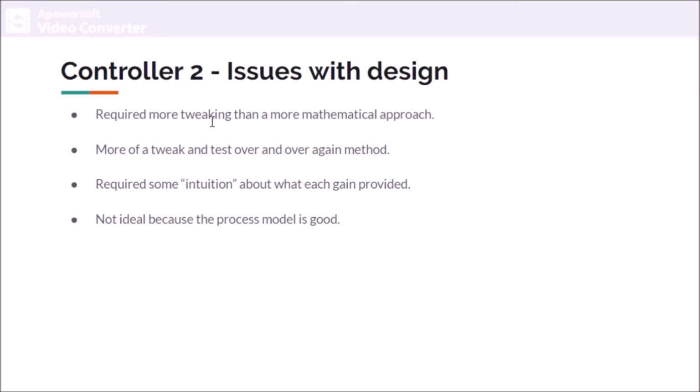You also have to have some intuition on what each gain is responsible for, what the proportional, derivative, and integral terms will do to the system. And it's not ideal compared to the model-based algorithm that we used in the first controller.